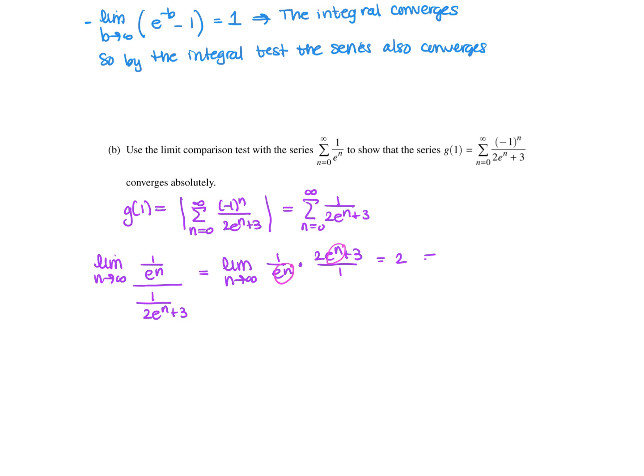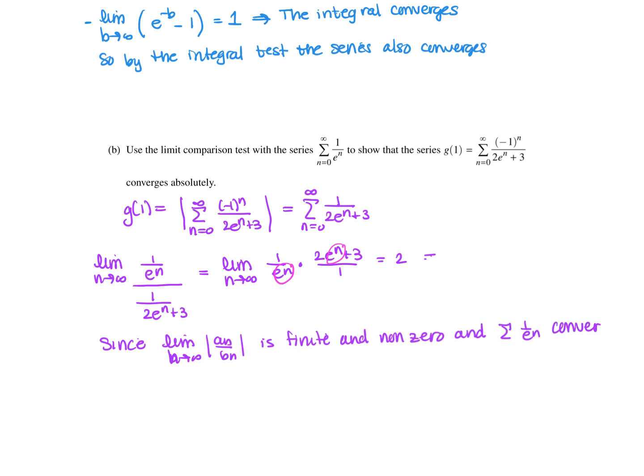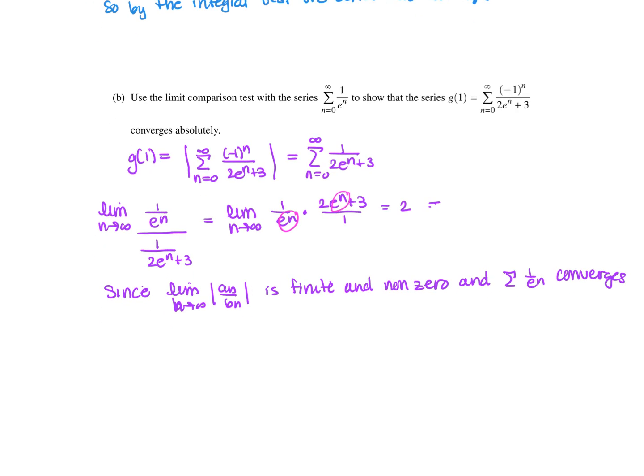series will either converge or diverge together. So since the limit of the ratio is finite and non-zero, and we know that 1 over e to the n converges, the other one must converge also.